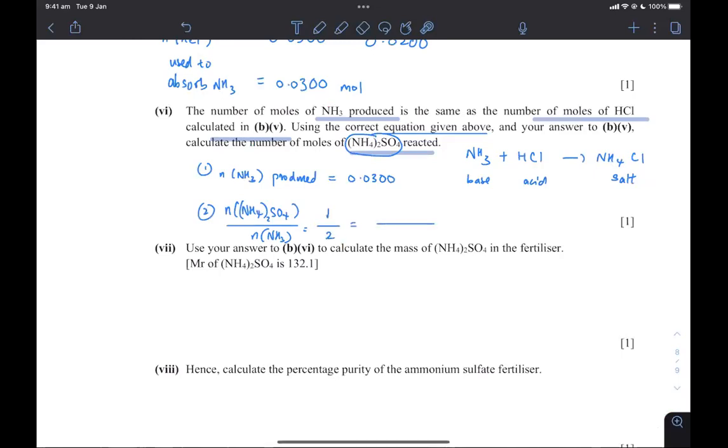We just want the actual mole of ammonium sulfate that reacted. So this is the actual mole of the salt, the ammonium sulfate. The mole of ammonia that gets produced is 0.0300. So what I do is I just cross multiply. Well, not really cross multiply because I'm not doing proportions. I'm just rearranging my equation. So I get 0.015 mole.